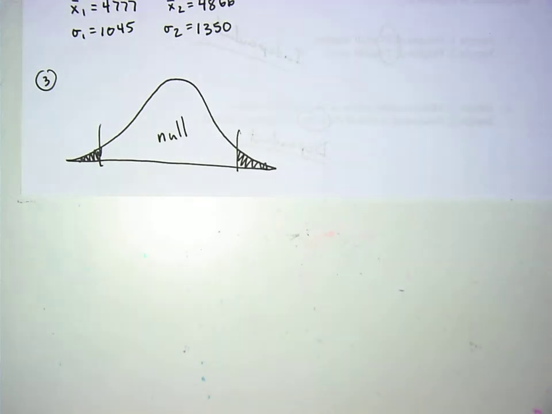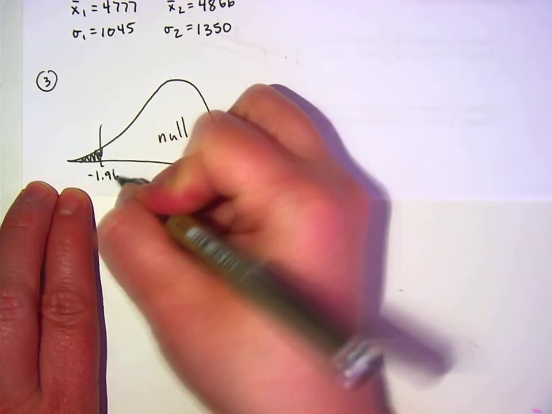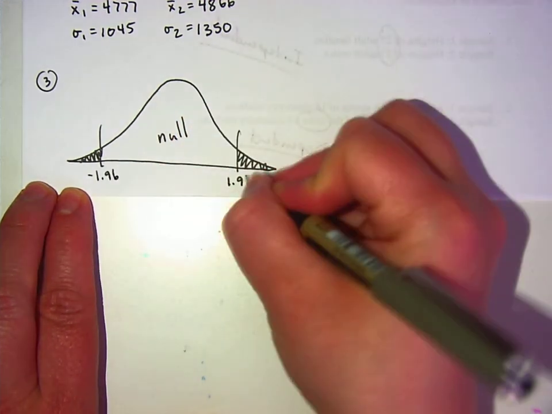So what area is in one tail then? .025. Right, so you're gonna look up .025 and .975 if you wanna go that far. For .025, I got negative 1.96. And then it's symmetrical, so this is 1.96 over here.